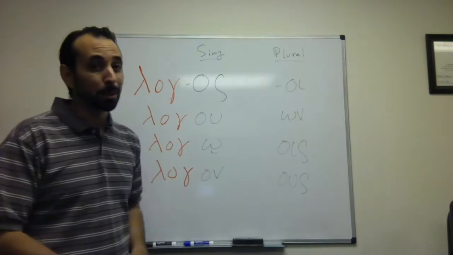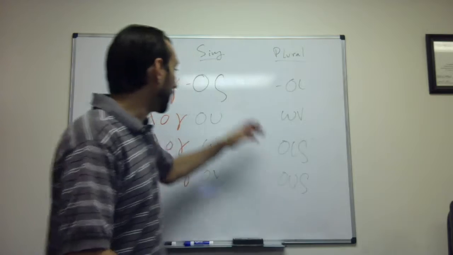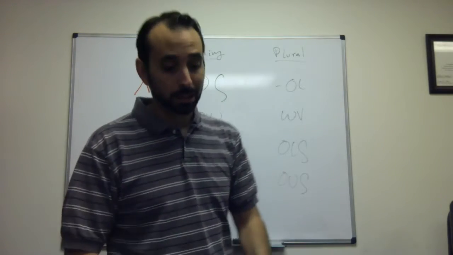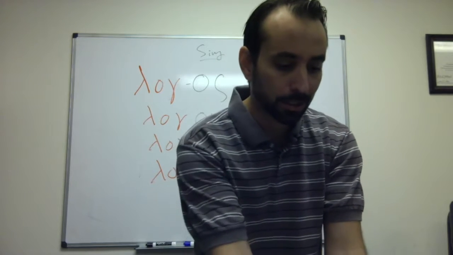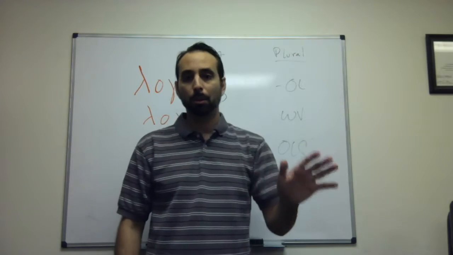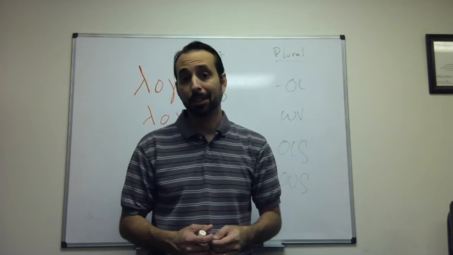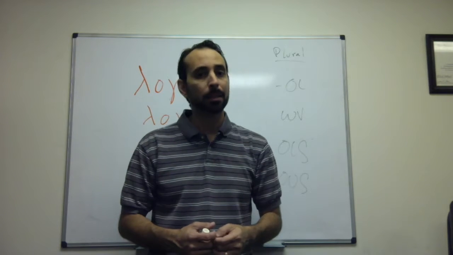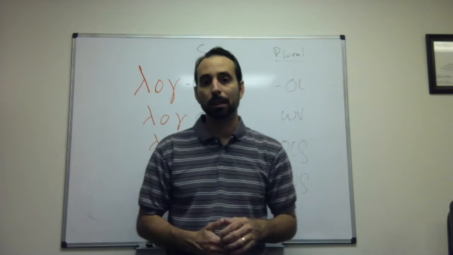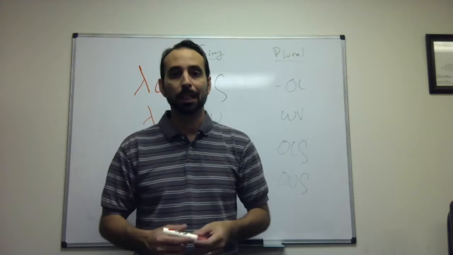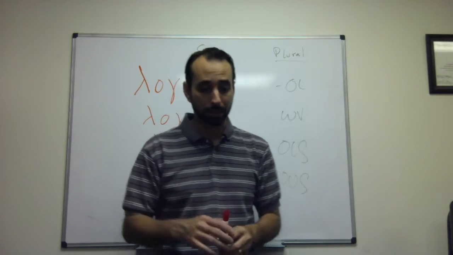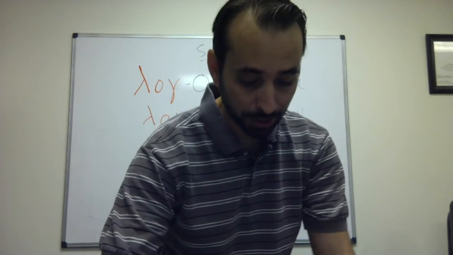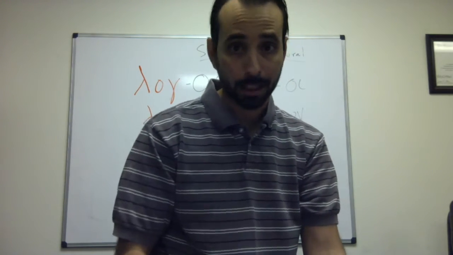So you're basically memorizing these endings, and any word that ends with one of these is going to be masculine or feminine. And you say, well, how do I know if it's masculine or feminine? The vast majority of second declension nouns are going to be masculine. A few are feminine, not many, and you have to memorize it with the word. You'll only know it in the vocabulary list at the end of your chapters, or in any Greek dictionary, like the one at the back of your textbook.